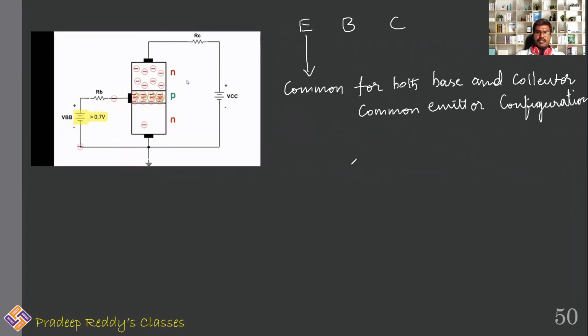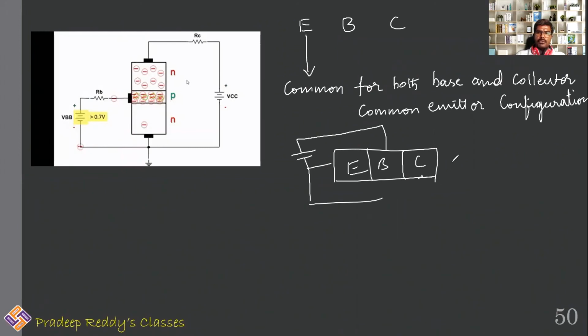Say for example, this is a transistor, and this is the emitter, this is the base, and this is the collector. The emitter can be connected in common for both collector as well as base.